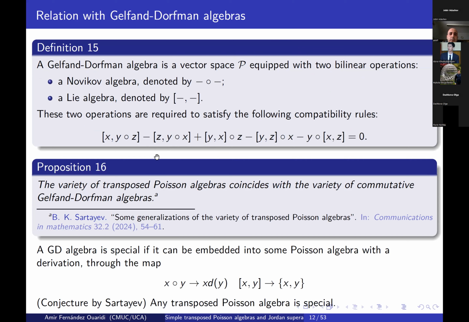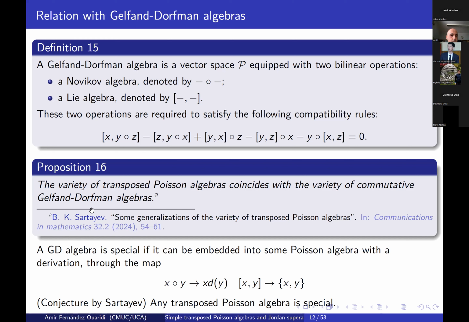Sartayev, in this paper here, proved that the variety of transposed Poisson algebras coincides with the variety of commutative Gelfand-Dorfman algebras. A Gelfand-Dorfman algebra is called special if it can be embedded into some Poisson algebra with a derivation, through the map, this one here.